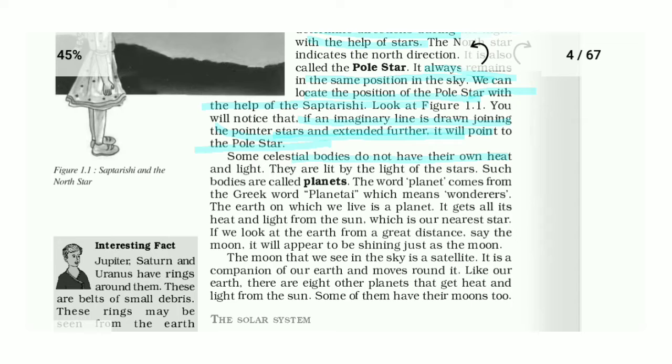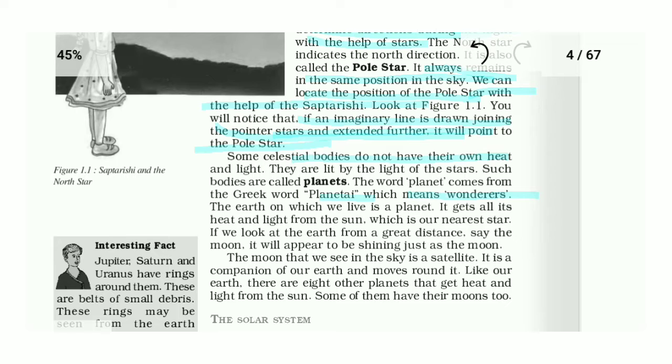Such bodies, which do not have their own light or heat, are called planets. The word planet comes from the Greek word Planetes, which means wanderers. Wanderers means those who keep moving, those who travel, those who wander.